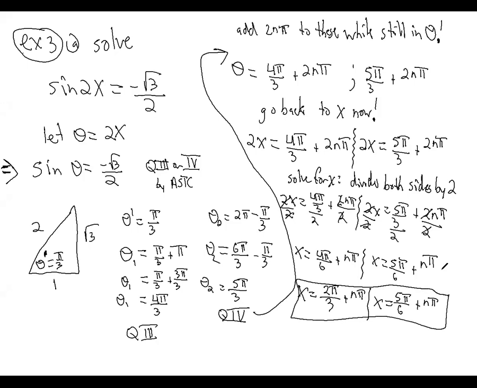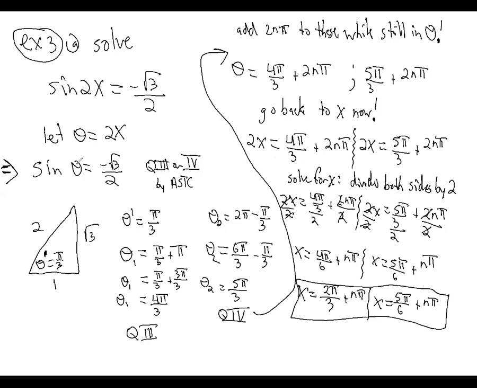Those are our solutions. So let's retread this problem because there's a lot going on. We originally had sine of 2x equals this value. Because there was a number in front of our variable inside, we did a substitution. Now this just says sine of theta, sine of x, whatever, sine of y, it doesn't matter what the letter is. You can use any letter you want to substitute with.